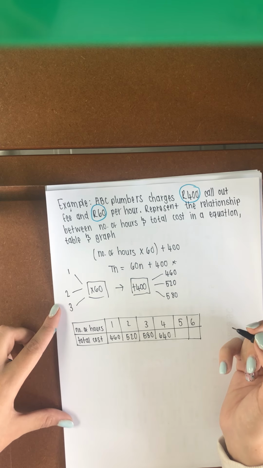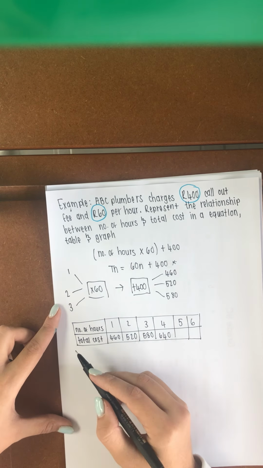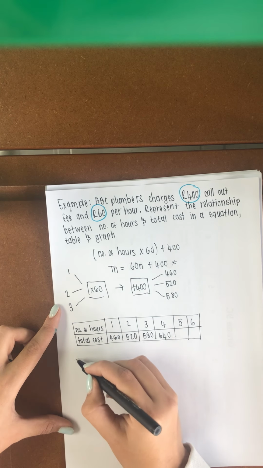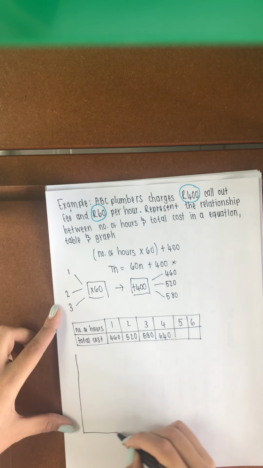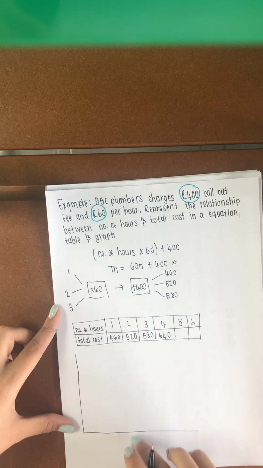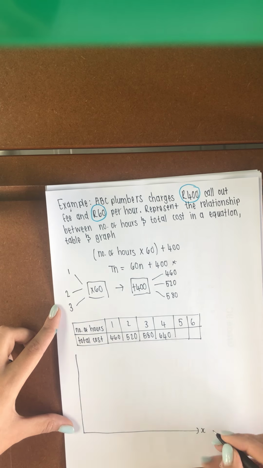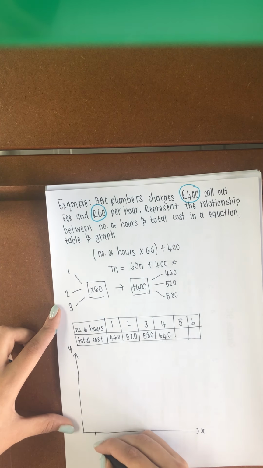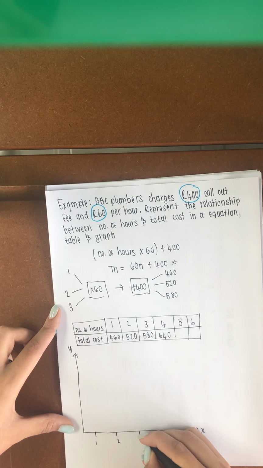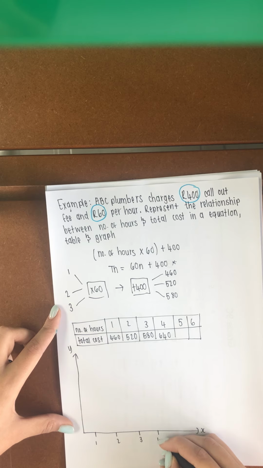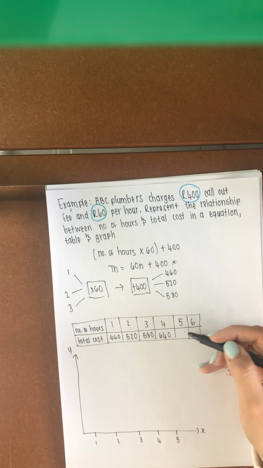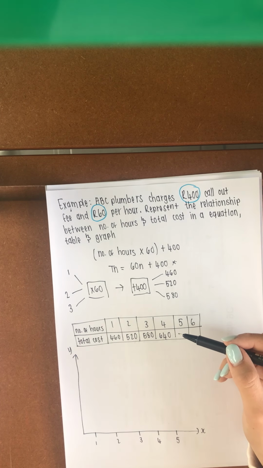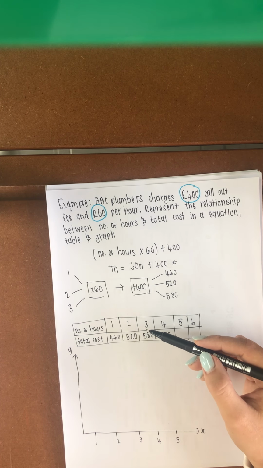Okay, so now I put this into a graph. So remember what I said, your input values are always on the x-axis, output values are always on the y-axis. So my input is 1, 2, 3, 4, 5. I've skipped 5 and 6 just so that we can do little by little.